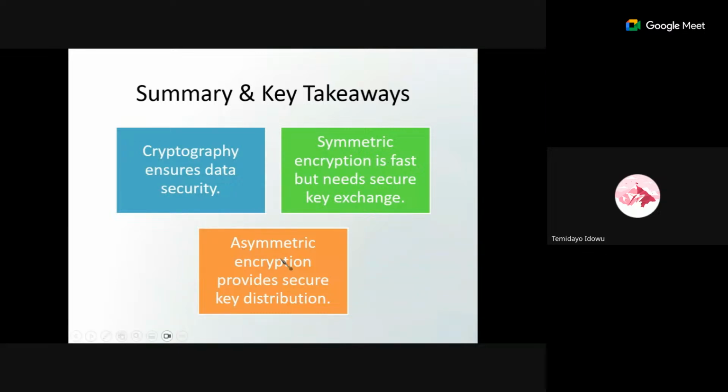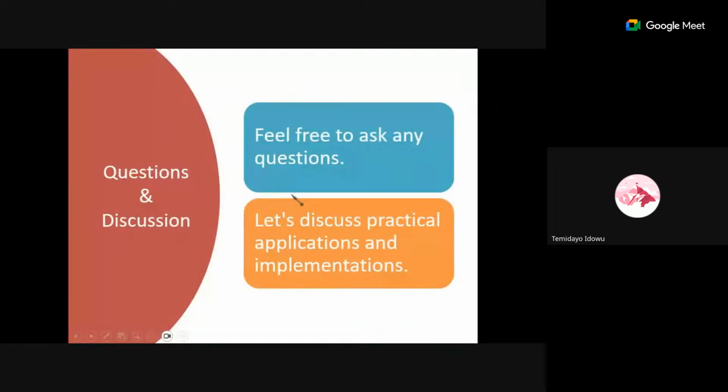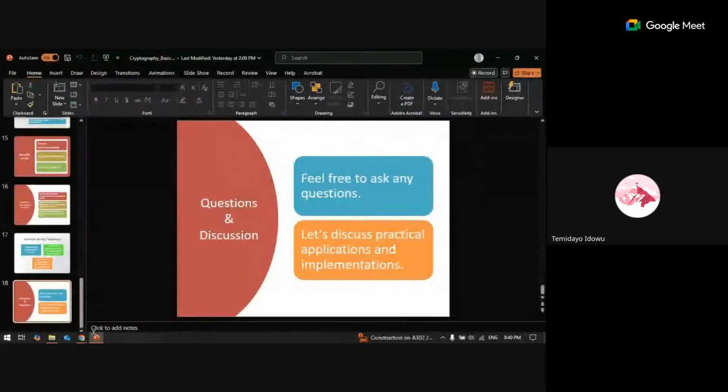Asymmetric encryption is much slower, but it provides secure key distribution. So I'll be showing us an example of an asymmetric protocol that carries out key distribution, on how keys are being distributed. Before we do that, do you have any question?